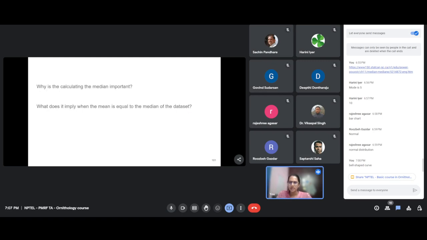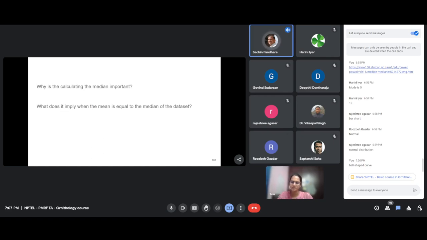So why is calculating a median important and not the mean? Why should you calculate a median if you can calculate a mean? It depends on the study that you are doing.